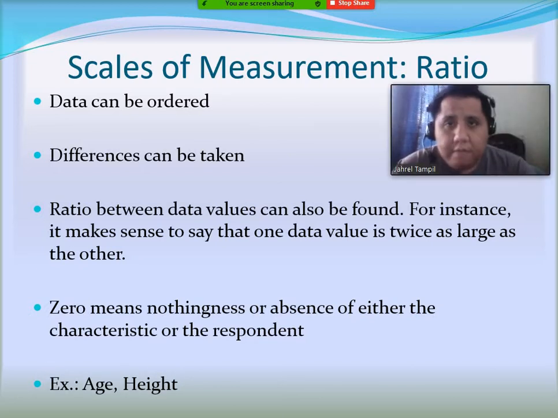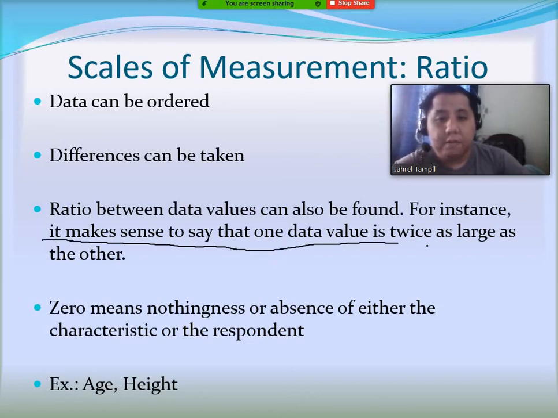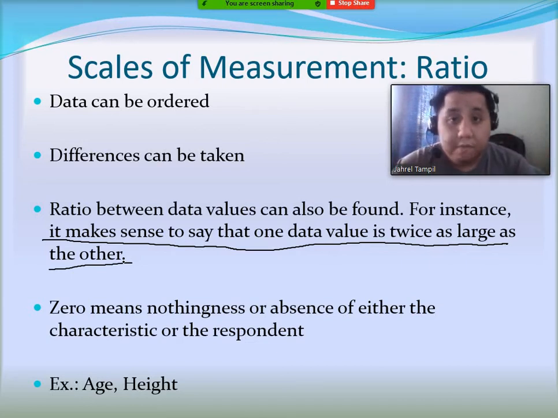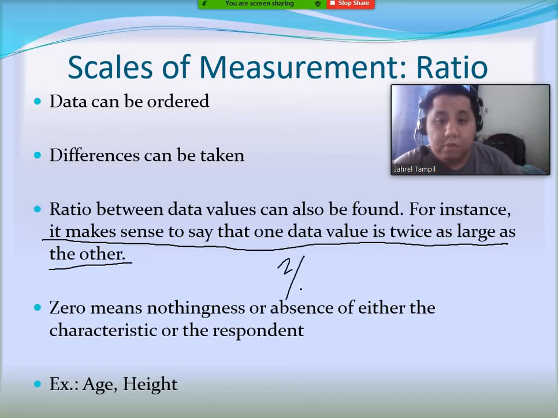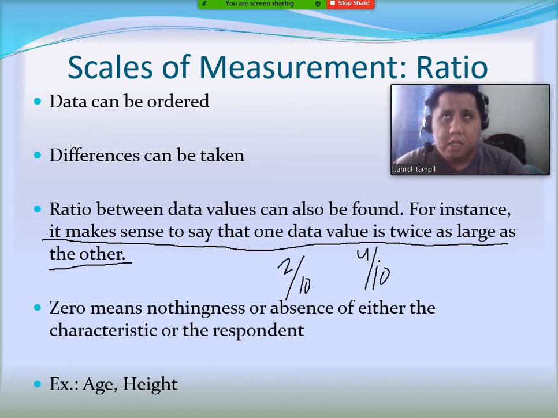So, interval data and ratio data are quite interrelated. It's just that in ratio data, it makes sense to say that one data value is twice as large as the other. In interval data, for example, if I get 2 out of 10, and another score is 4 out of 10, it doesn't usually make sense to say that 4 is twice as large as 2, because that's a score.